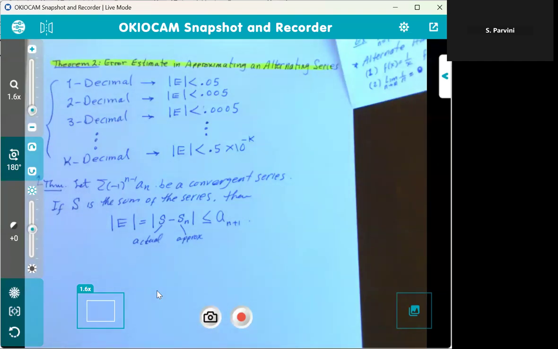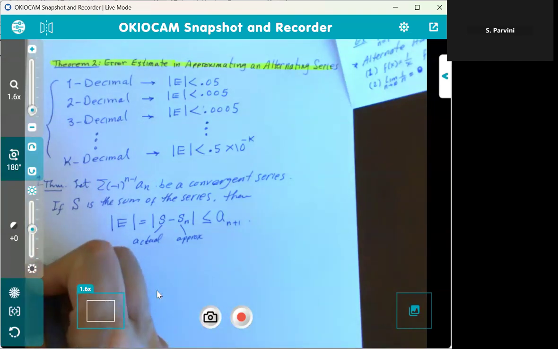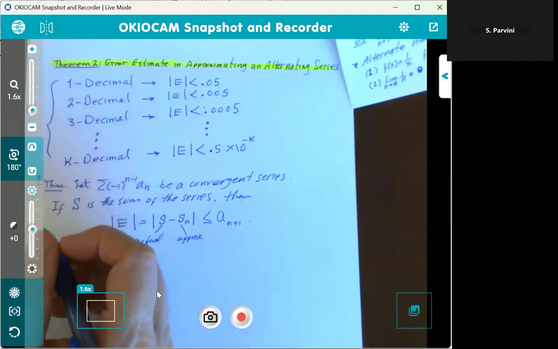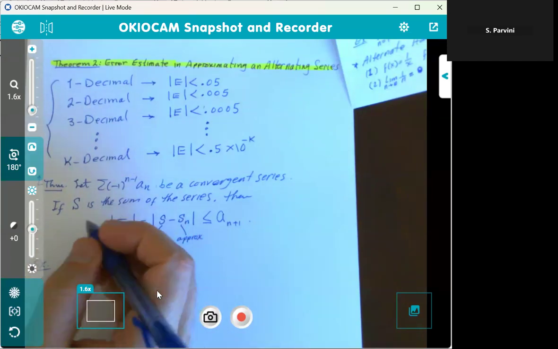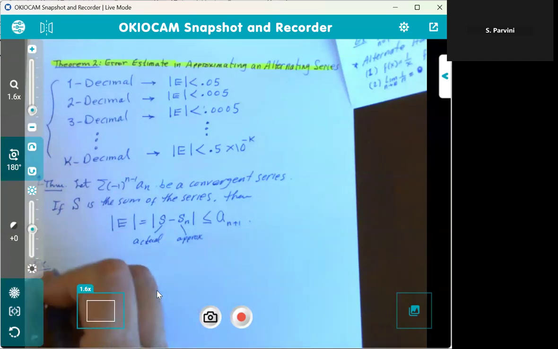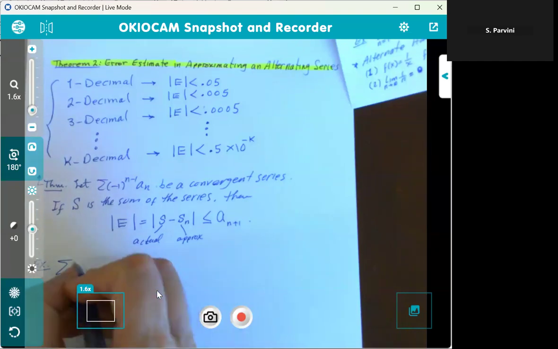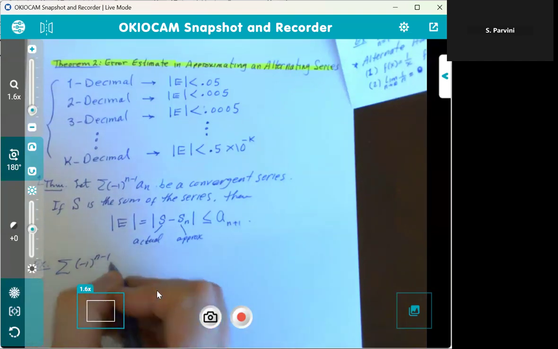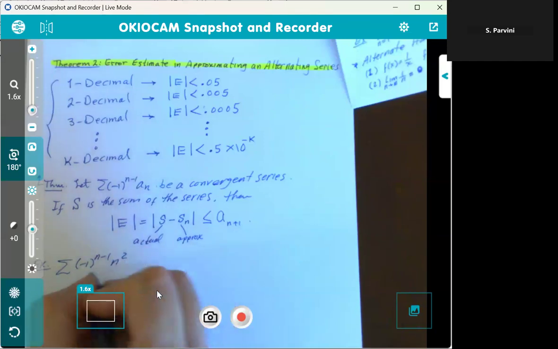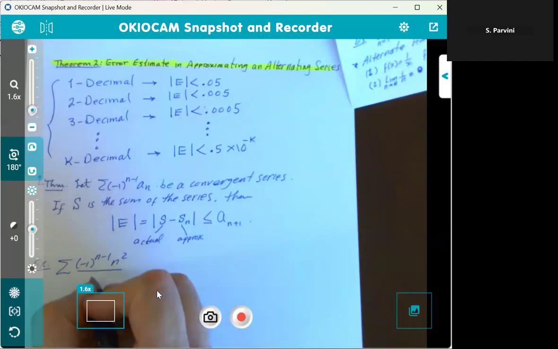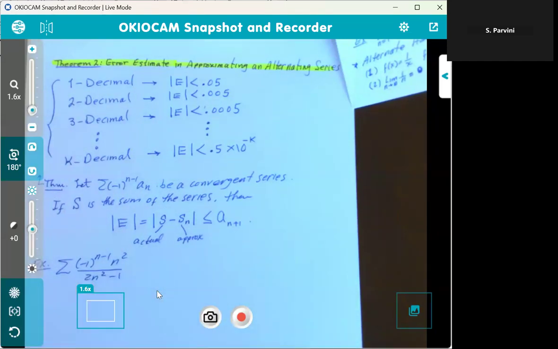So, let's take a look at an example. We're going to look at several examples here, and this one we're going to make easy. Suppose my series is (-1) to the n minus 1 times n squared divided by 2n squared minus 1.